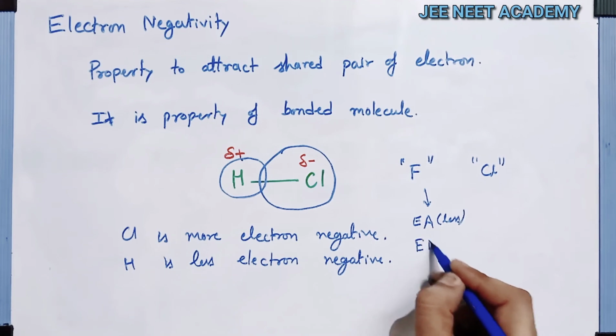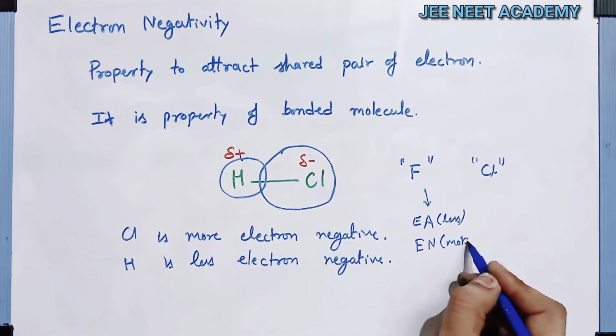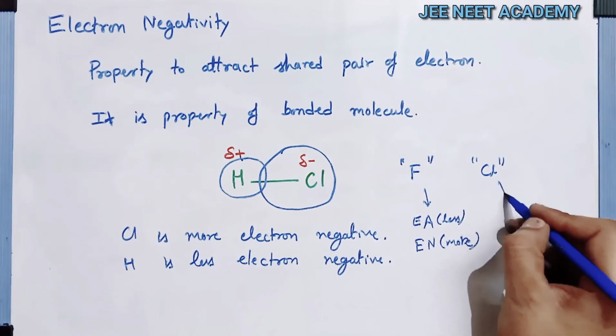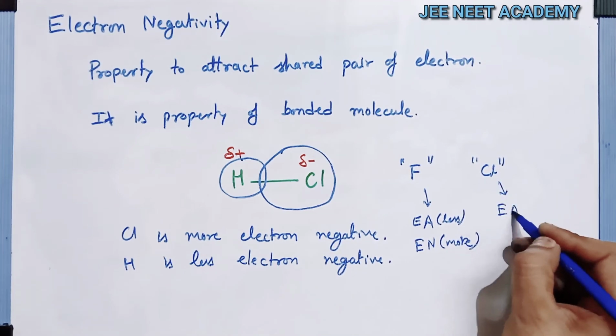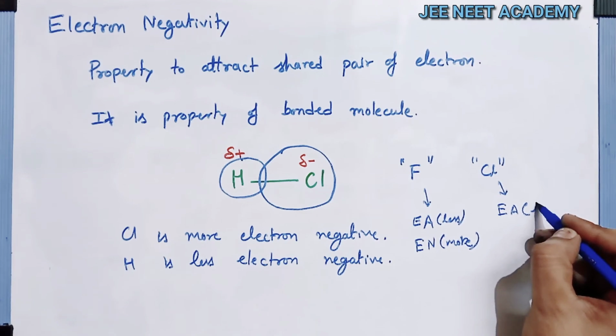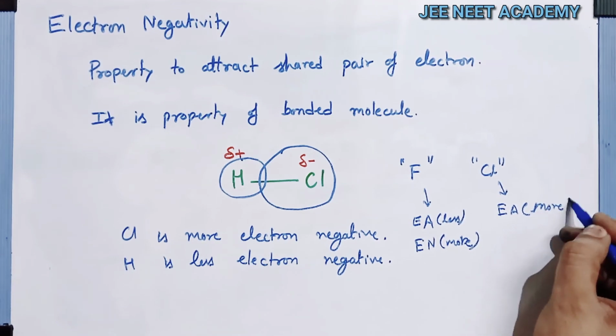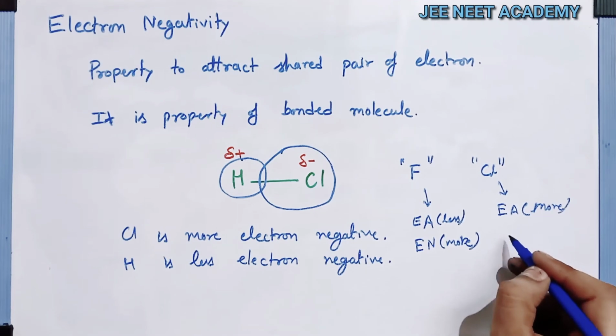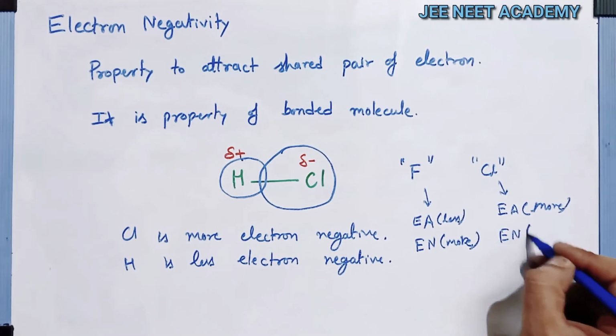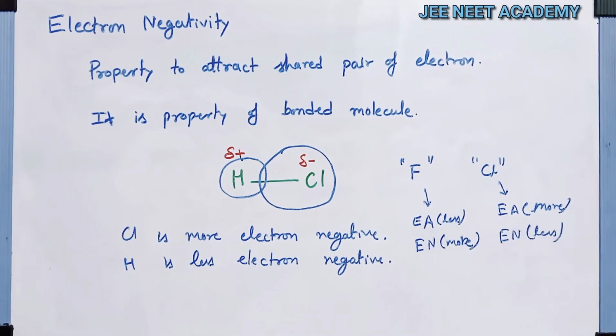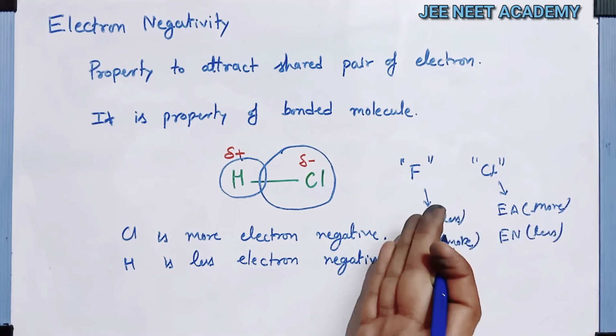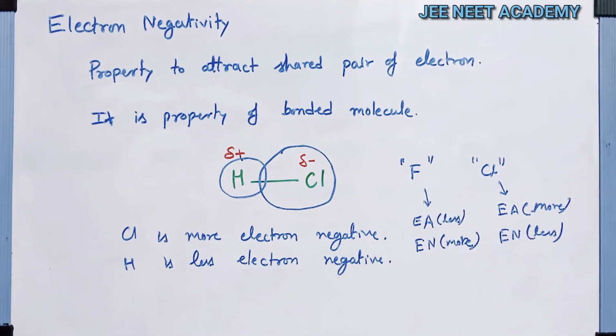And the electronegativity, if you compare, is more. But for chlorine, electron affinity is more, but electronegativity is less compared to fluorine. So chlorine can attract the electron less, but it can accommodate one more electron very easily compared to fluorine.